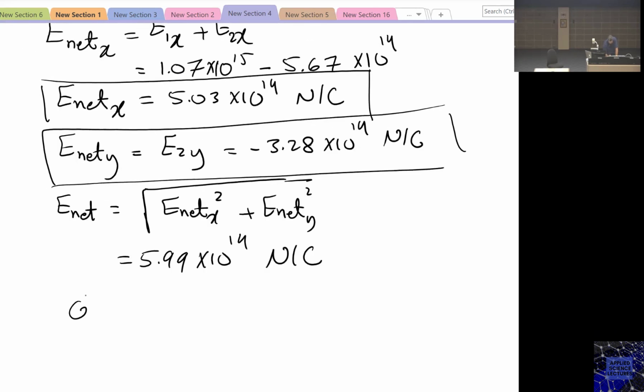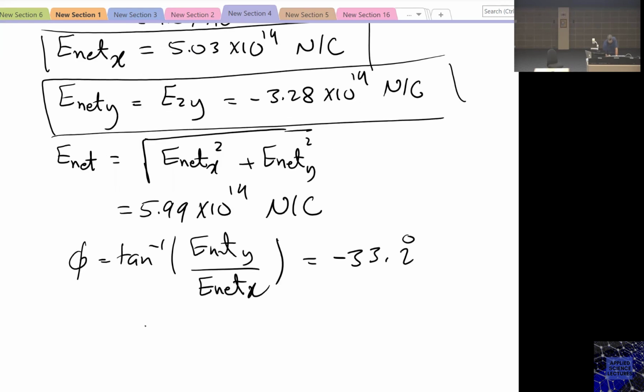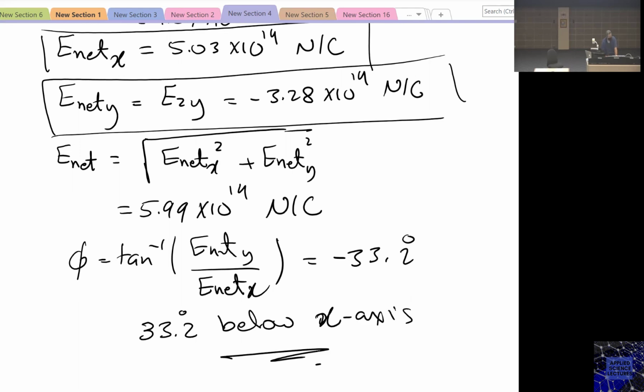And then this phi is indeed tan inverse of E net y divided by E net x, which is minus 33.2 degrees, or you can say 33.2 degrees below the x axis. So I'll stop here.